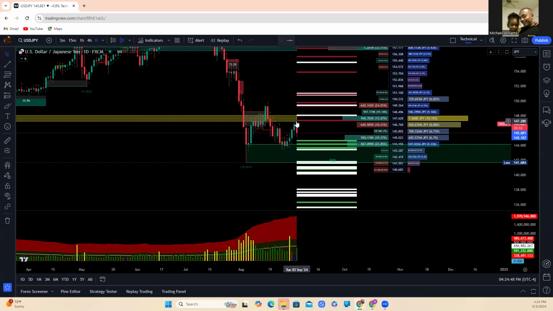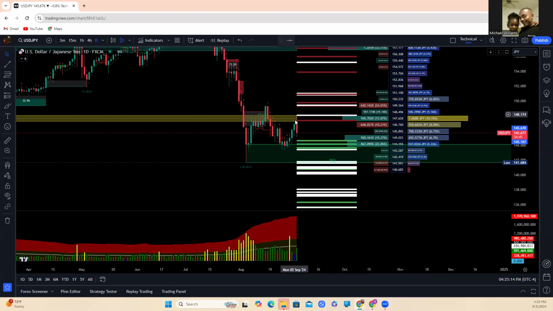The volume sitting in here, based off of this yellow area, is to the tune of 1.068 billion in volume, and then the one right under it, 928 million. So you're looking at almost 2 billion ticks of volume in this particular area.